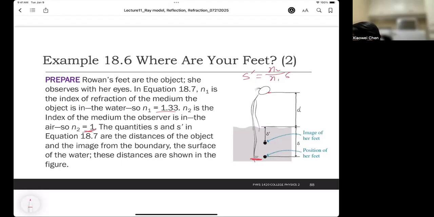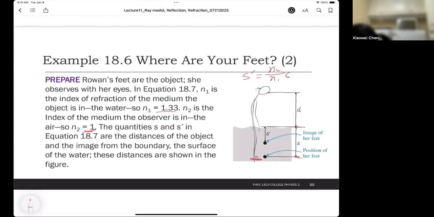The quantities s and s' in equation 18.7 are the distances of the object and of the image from the boundary, the surface of the water. These distances are shown in the figure.